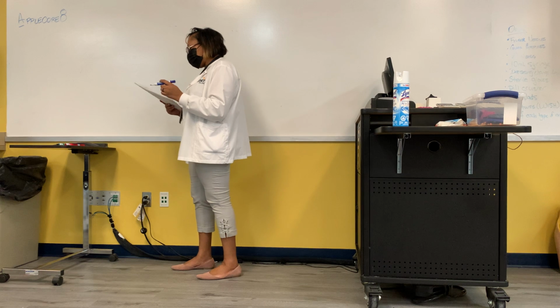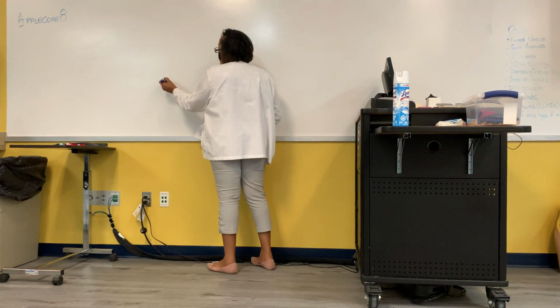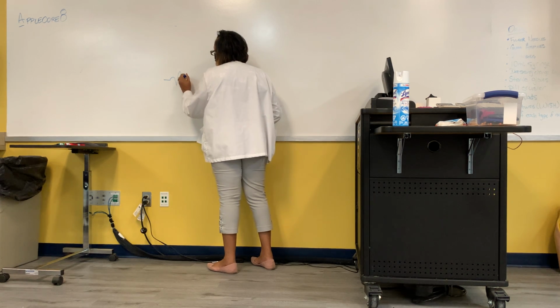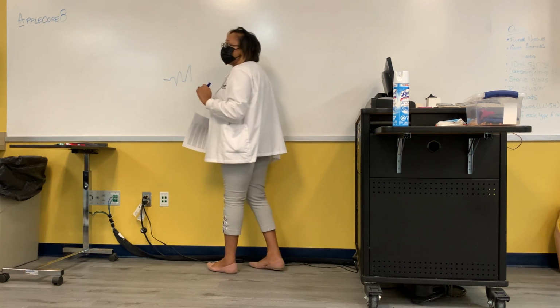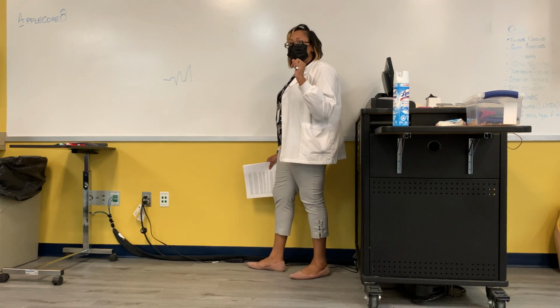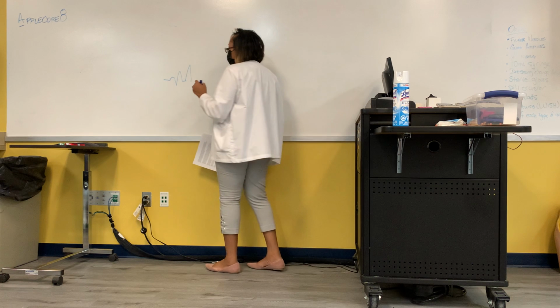If your patient has a peaked T wave, so you got your heart stress, and here it should look like that, it should be like a little hump. That's your T wave, right? But they have this for their T wave. What imbalance do they have? Potassium.